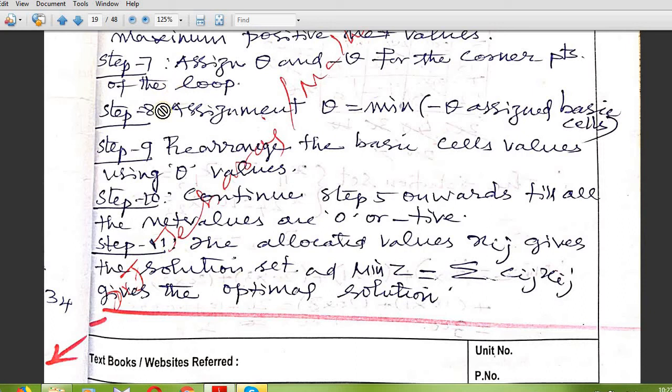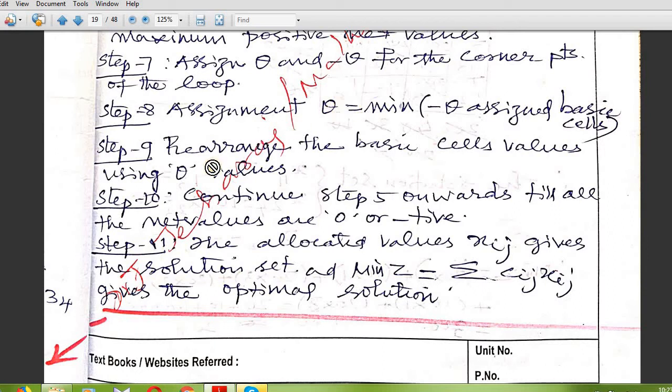What about step number 8? We have to take the minimum among the minus theta assigned basic cells. The minimum among the minus theta assigned cells, that we have to take as theta.